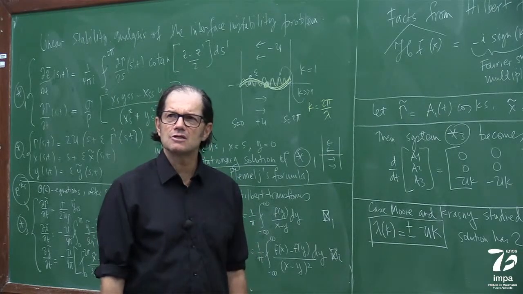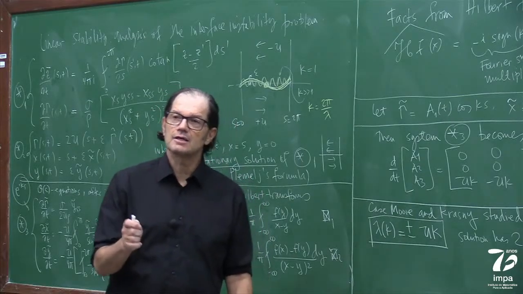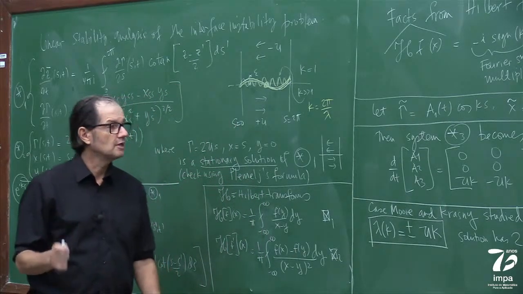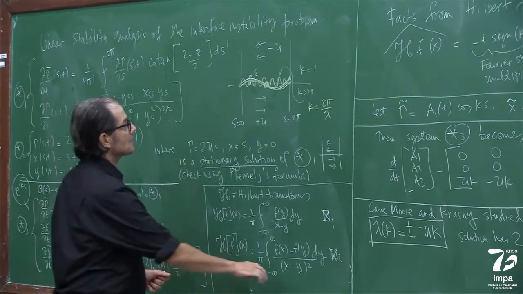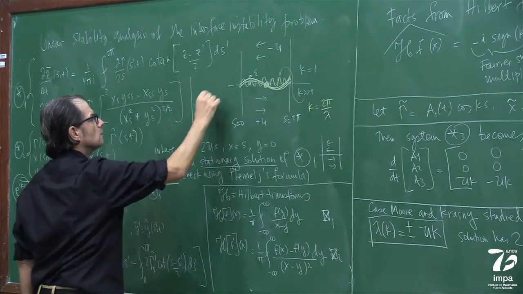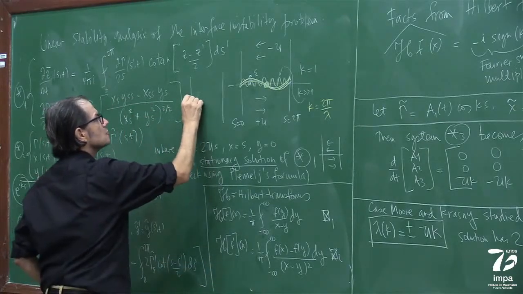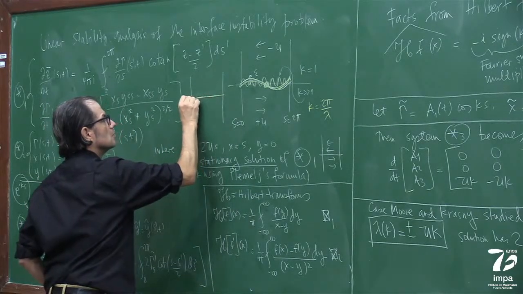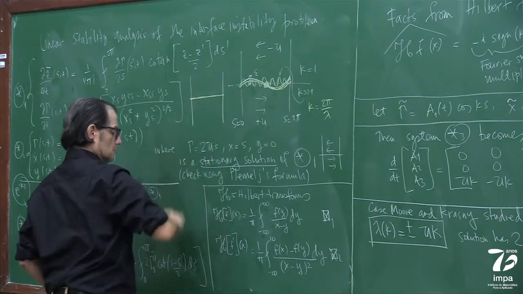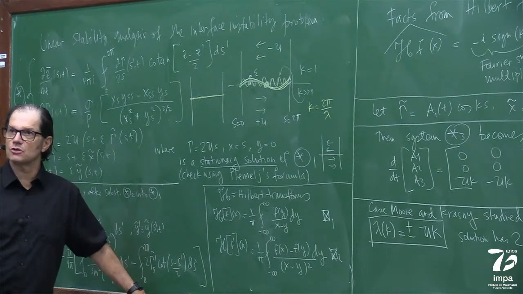And how can we see this here? Let me start helping you. You can think that all the perturbations, let me clean up, well, let me put this picture here. Look, I have my undisturbed interface, which is my stationary solution.